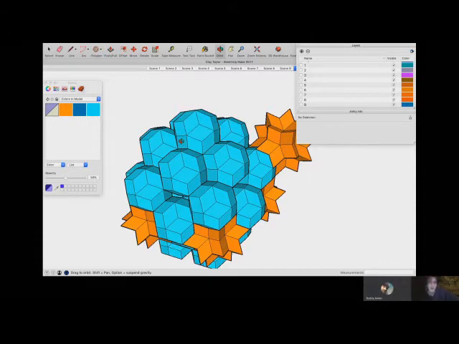Both of these shapes are composed of one shape, which is the golden rhombohedra. So if you think of a cube, but then it's been skewed to be oblique, so that all faces are rhomboid, like rhombuses, like a diamond. Like the blue diamonds you see here. And then there's two different rhombuses.